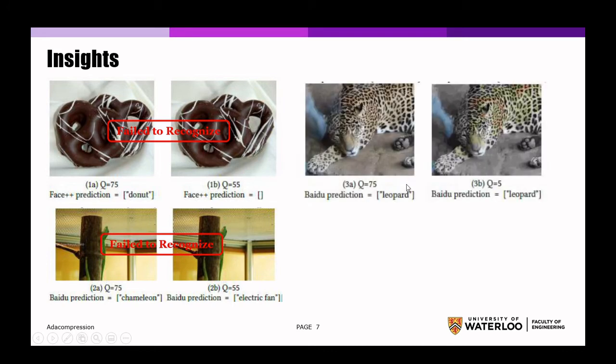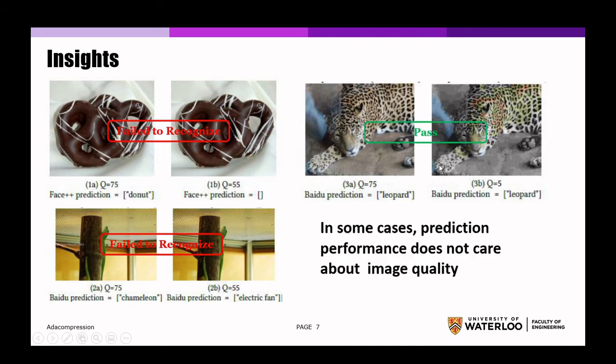And in the third one, the quality factor was 75, and the second one was quality factor 5, and it has the same label. So it passed. As we can see here, the first two images are visually similar for human beings, but deep learning models give different inference results only because they are compressed at a different quality factor, from 75 to 55.